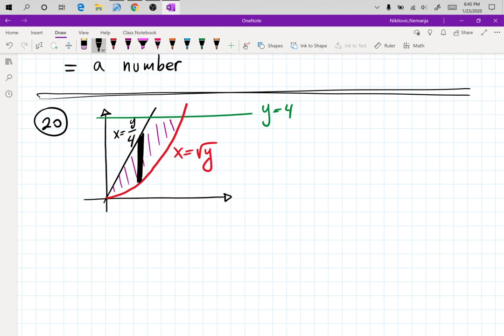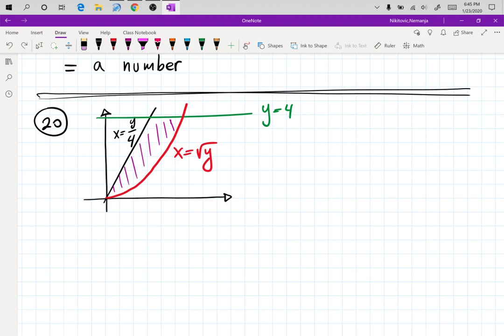You would have to have an integral that goes from black to red and then from green to red. Two integrals, which is manageable, but let's check dy and see if we can have one integral only.